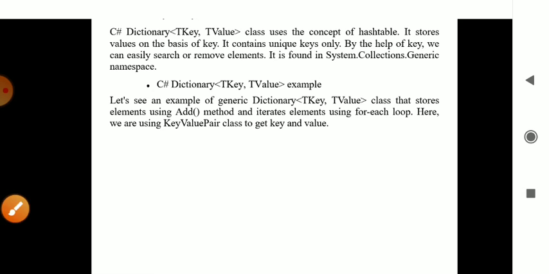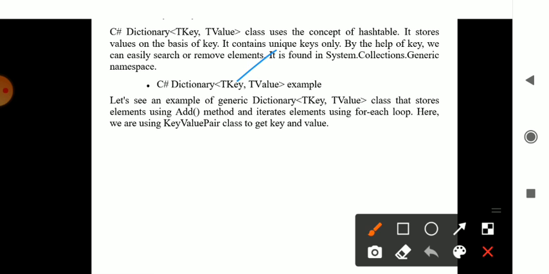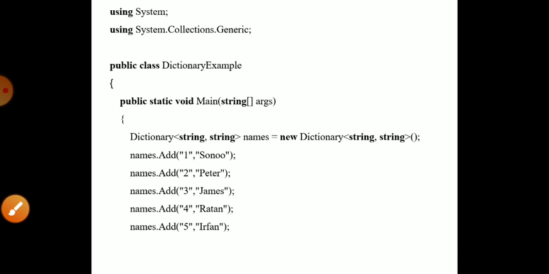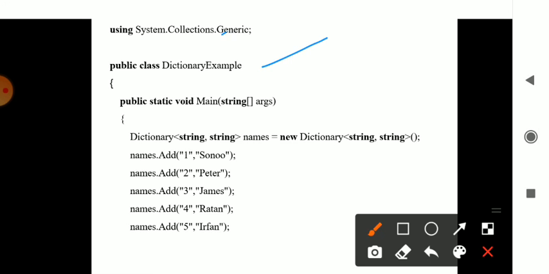And the syntax for the IDictionary, so the dictionary concept is key and value, TKey and TValue. It will be considered. Here also you can add and remove the elements as you wish, but it has the key and the value. So how the program is executed, you can check out here. Dictionary example, using System.Collections. Main method. You have the concept here, Dictionary string and string.